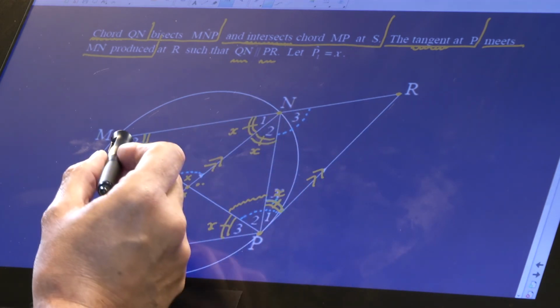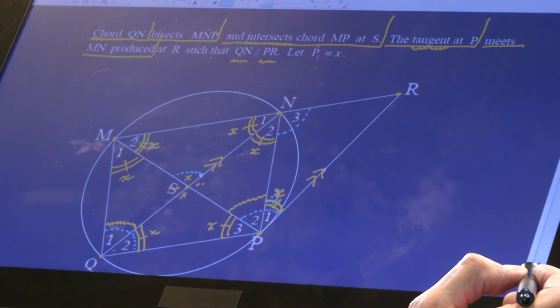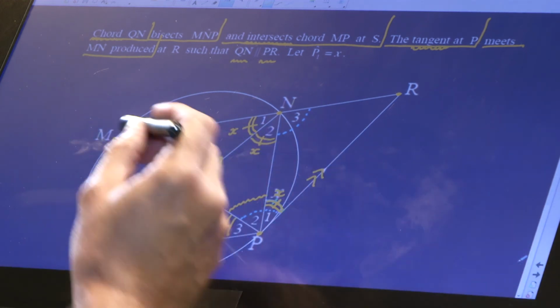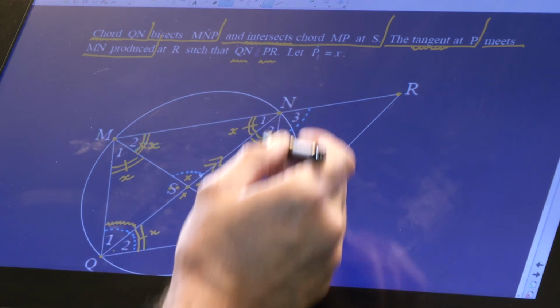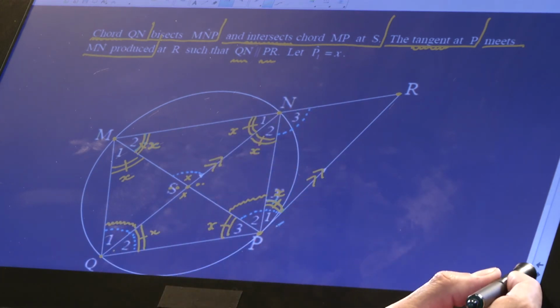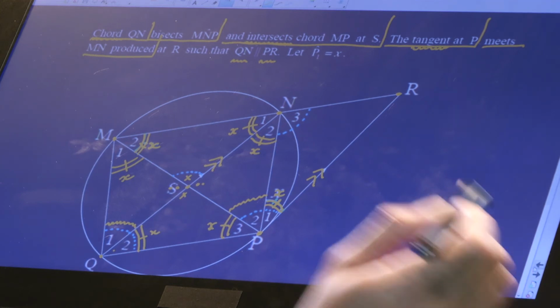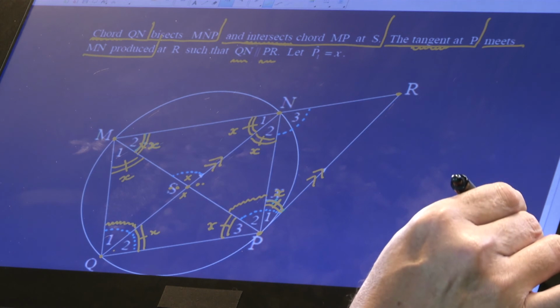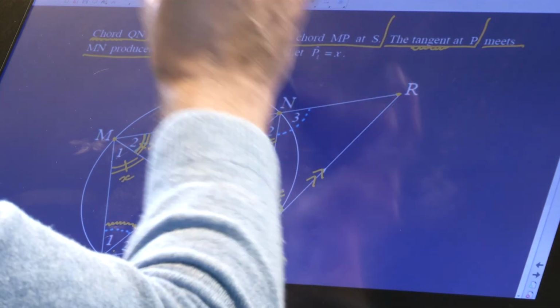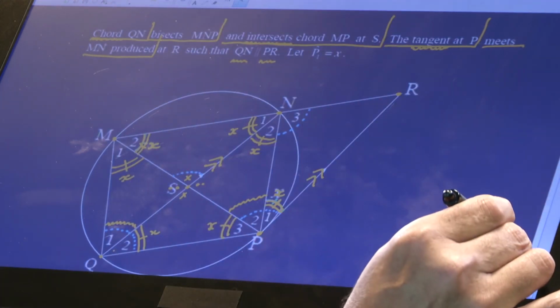So that's our first statement: P1 equals M2, and then M2 will equal Q2 because of the angle in the same segment. So let us write that down quite nicely on my next page. Let me go and get the arrow.